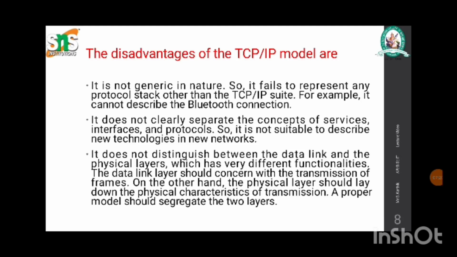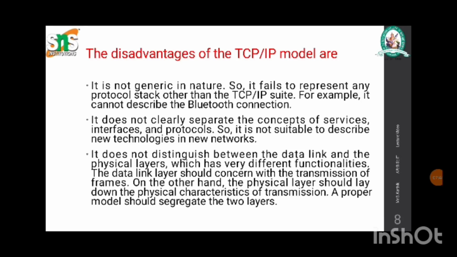Next, disadvantages of the TCP/IP model. It is not generic in nature, so it fails to represent any protocol stack other than the TCP/IP suite. For example, it cannot describe a Bluetooth connection. It does not clearly separate the concepts of services, interfaces, and protocols, so it is not suitable to describe new technology in new networks.